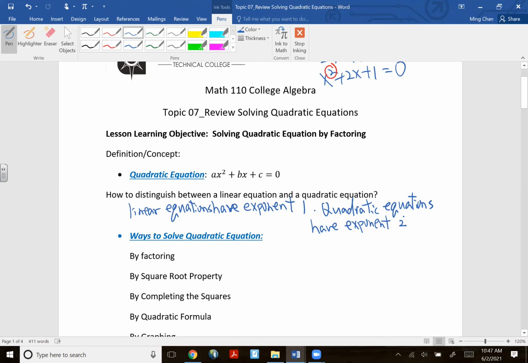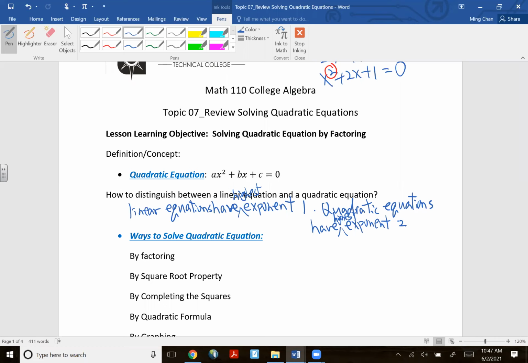The highest exponent is 2. You can add the word highest right here if you want to. The highest exponent is also called the degree of the polynomial, but I'm not going to use all that fancy wording. You can just say have highest exponent 1 and have highest exponent 2.